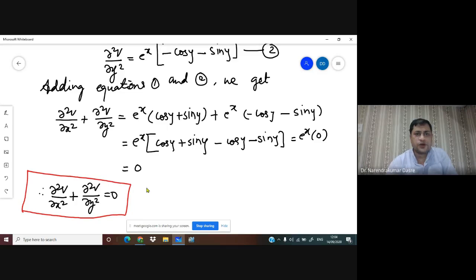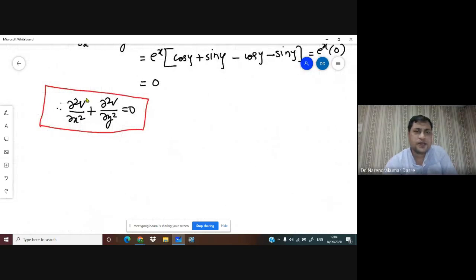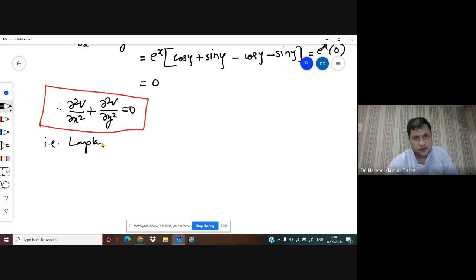So what is this exactly? This is the Laplace equation. So we can say that the Laplace equation is satisfied.